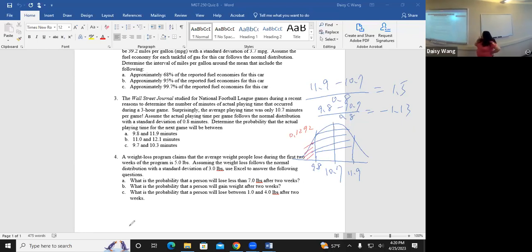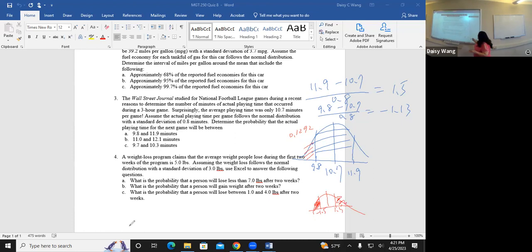Okay, and then let's figure out this one, 11.9. With that table, we don't have positive values, we only have negative ones. So we can find negative 1.5. It's symmetric, so whatever area is here will be the same as this area.